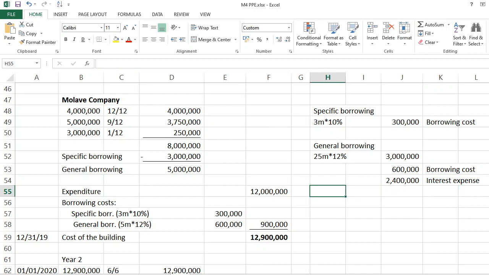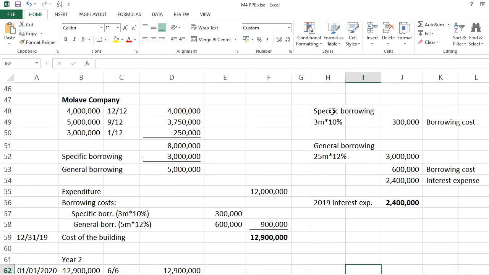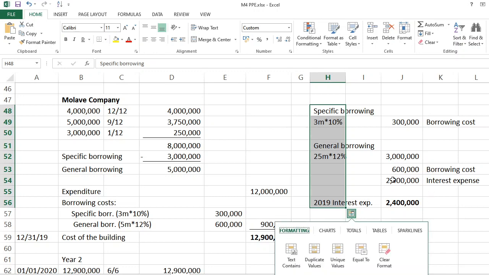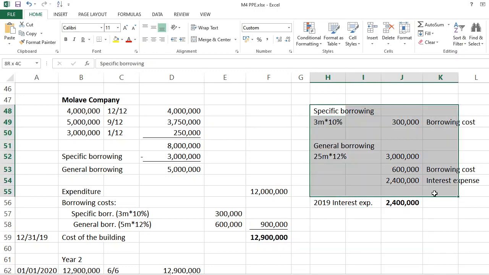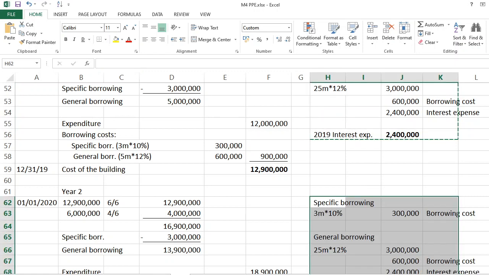So for 2019, how much is the total interest expense? It's only 2.4 million. Okay? That's for 2019. Now let's proceed to 2020 or year 2. Ganun pa rin, specific borrowing, general borrowing, etc. But this time, there would be some changes. Bakit?